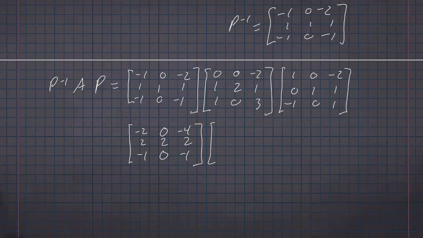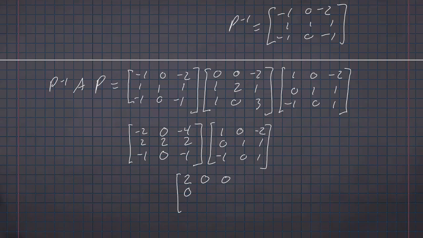Multiply that by our third matrix in this product. And that will give us negative 2, 0, 4. That's 2. 0, 0, 0. That's 0. 4, 0, negative 4. That's 0. 2, 0, negative 2.